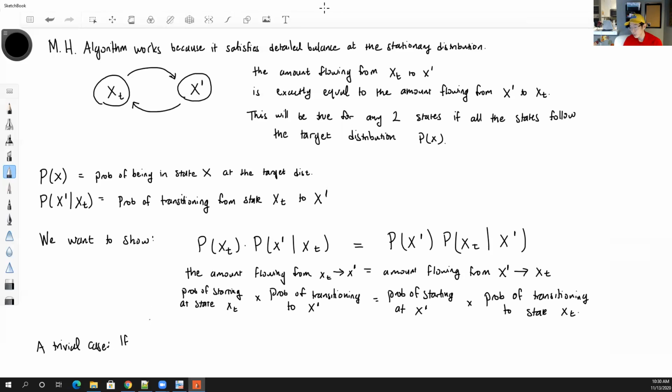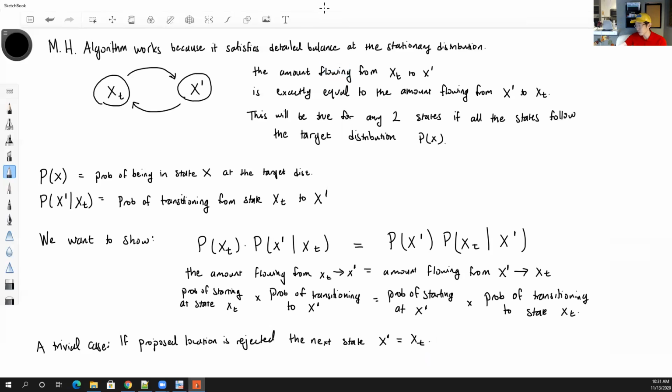This happens in the Metropolis and Metropolis-Hastings algorithm: if the proposed location is rejected, then the next location x prime becomes xt, right? The next state, we'll just say x prime becomes x at time t.